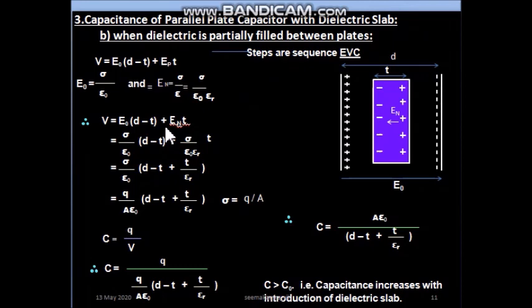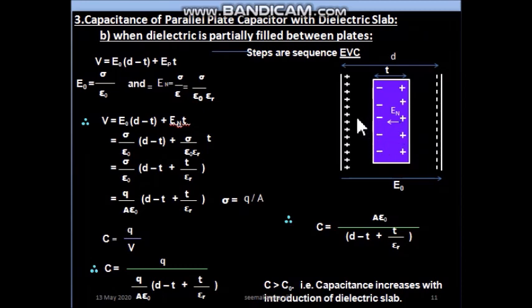So what is the voltage formula in terms of electric field, students? Just recall it. The voltage formula is electric field into the distance. So let us make the voltage formula now, because two electric fields are present here. E0 is present here, and En is present here.